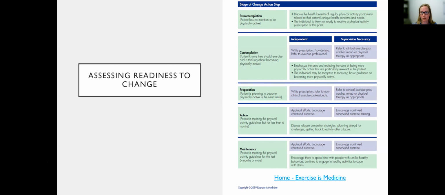But this action would be within the first 6 months. And then ultimately what we're shooting for, the goal, is to get to that maintenance level where they're doing that physical activity for more than 6 months. And that's really creating that behavior change to maintain the physical activity.